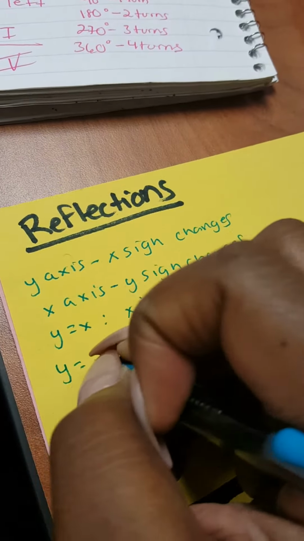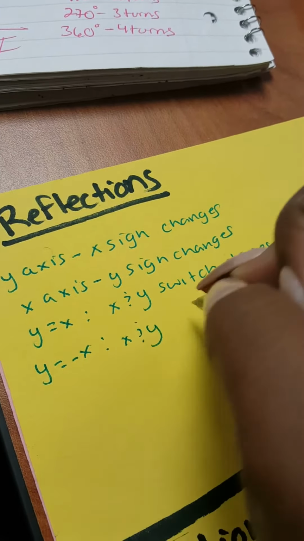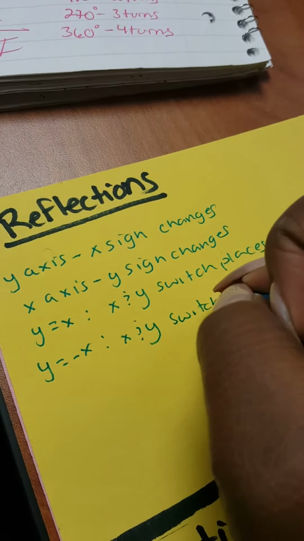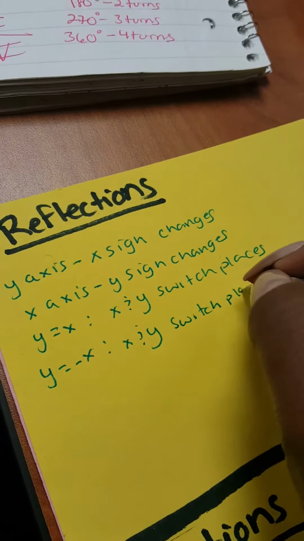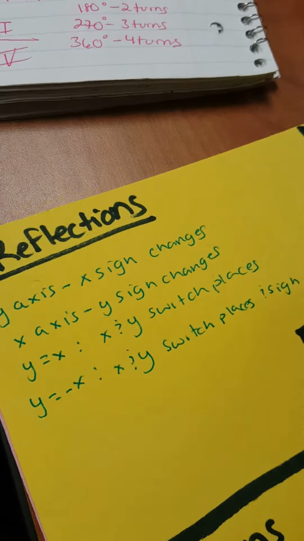When we reflect over Y equals negative X, X and Y switch places and the sign changes.